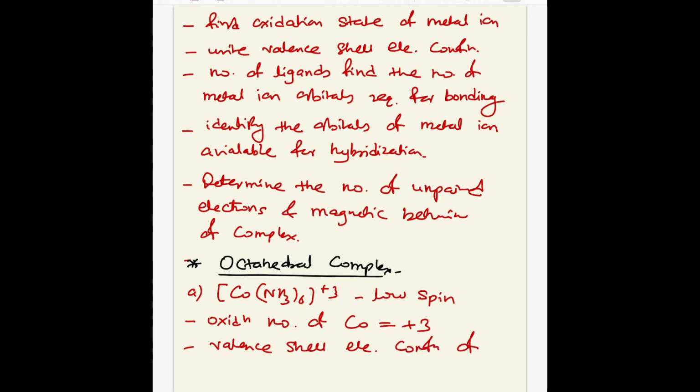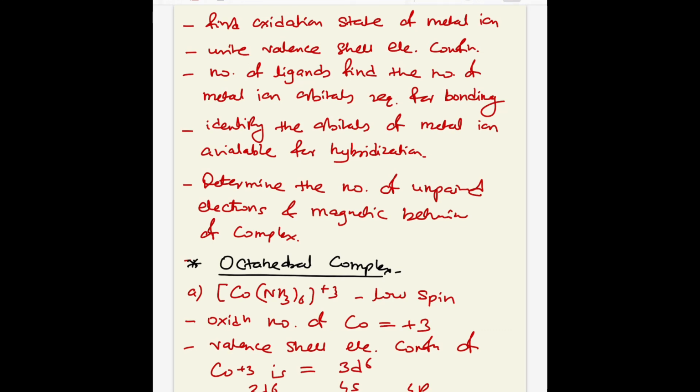The valence electronic configuration of cobalt plus 3: we can write the orbital diagram here. There is 3d, the next orbital is 4s, and the next is 4p. So 3d has 6 electrons, we can write 3d6.